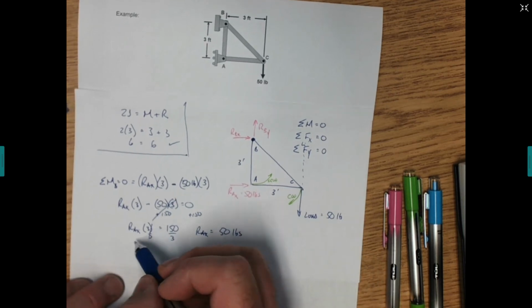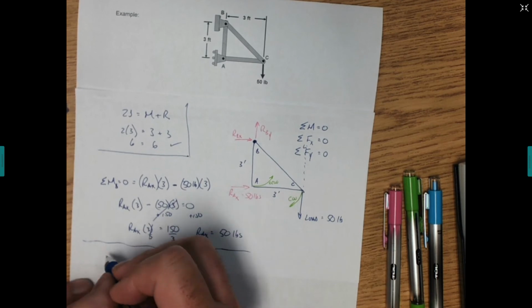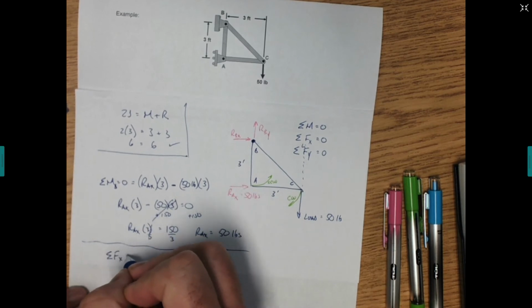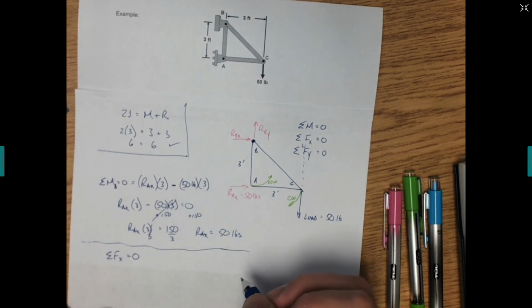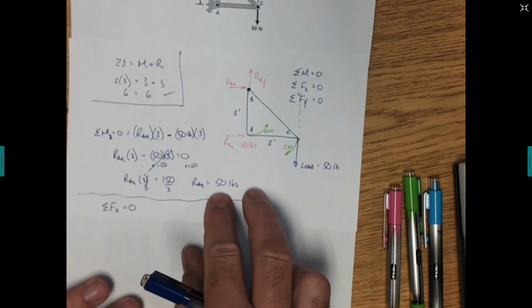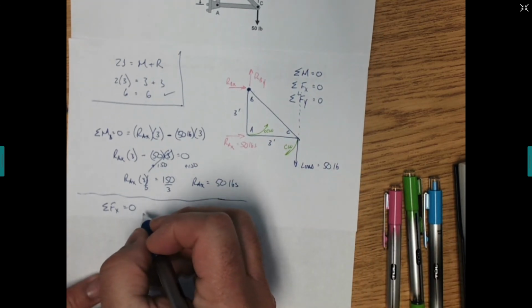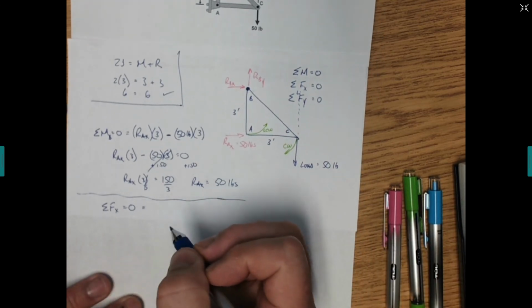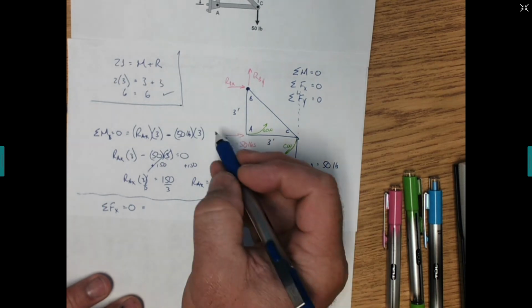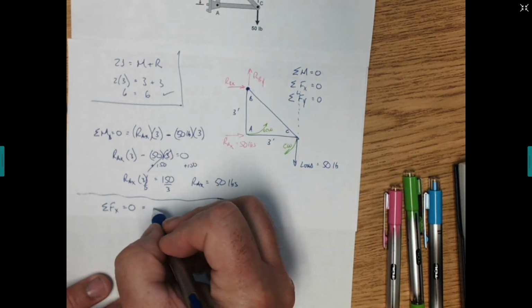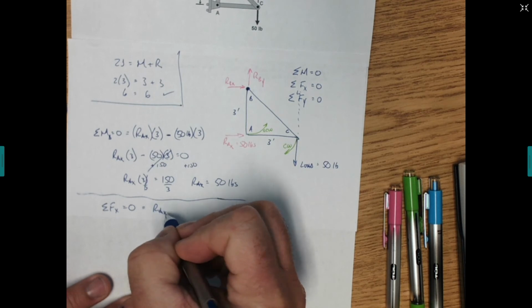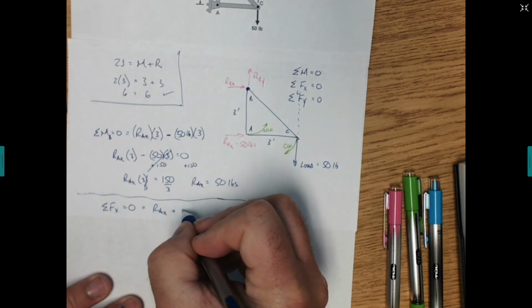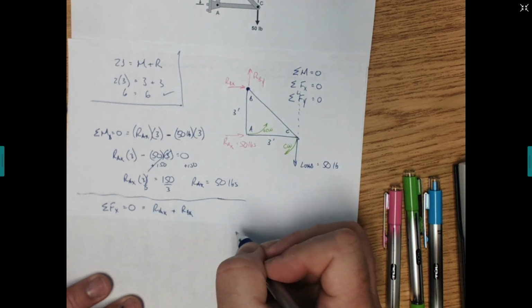Okay, now I'm going to use the sum of the forces in the x and the y direction. It doesn't matter which one you start with. So we'll just start with x because it's next on the list here. The sum of the forces in the x direction must be 0. All the arrows going to the right are positive, so it's RAX plus RBX.